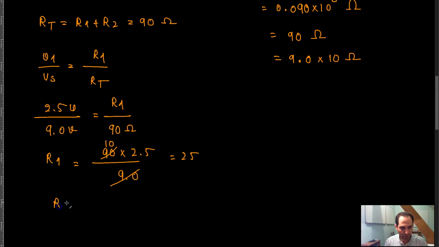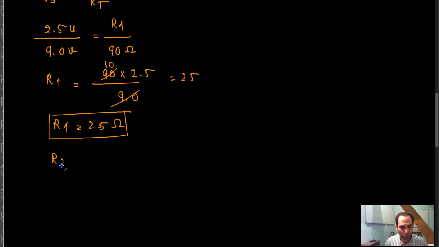That means that your R1 would be equal to 25 ohm, and based on that, R2 would of course be 90 ohm minus 25 ohm, which is equal to 65 ohm. So that is basically how you would solve this type of problem.